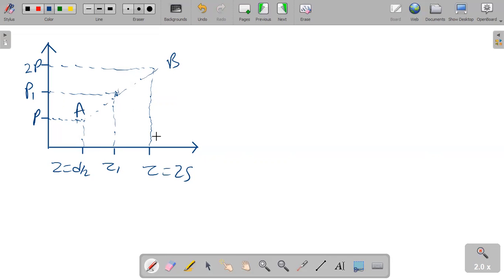From this graph we need to modify a formula which will help you in numericals. Before that, one concept here: up to d by 2, there's no stress overlap. So here ESWL is on the z log scale.